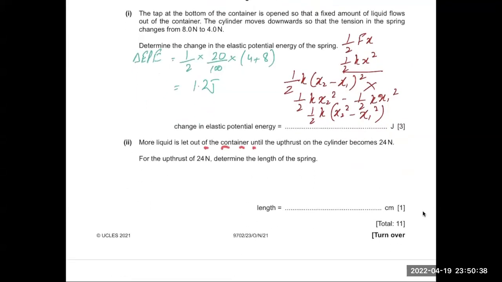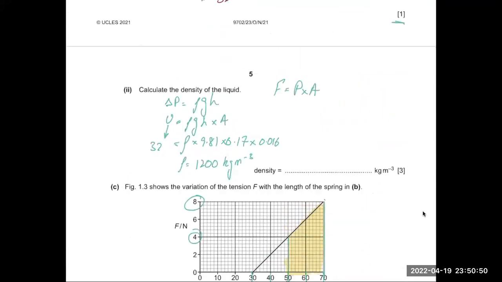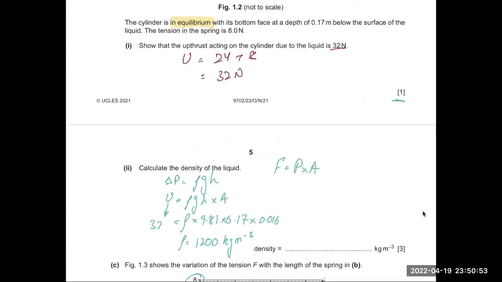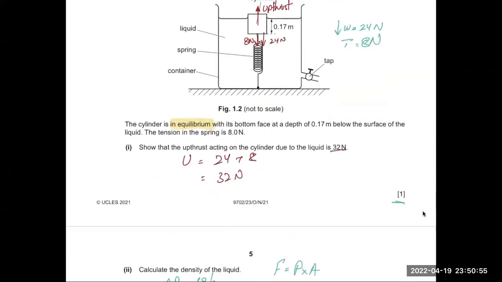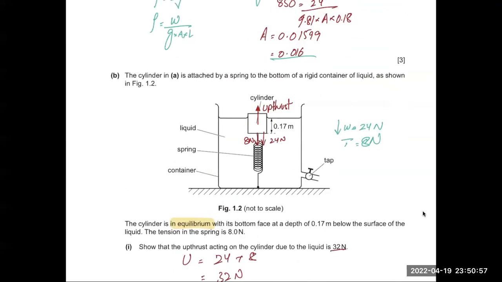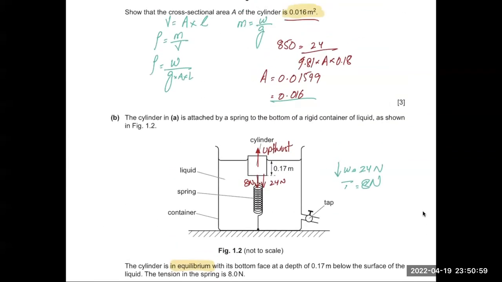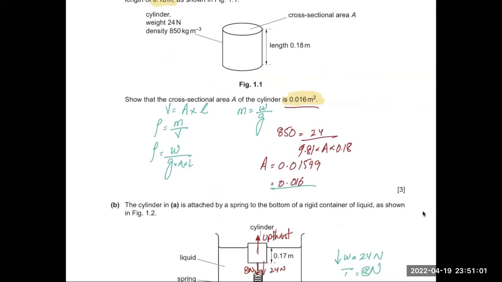More liquid is let out of the container until the upthrust on the cylinder becomes 24 newtons. For the upthrust of 24 newtons, determine the length of the spring. Now, going back, what is the weight?